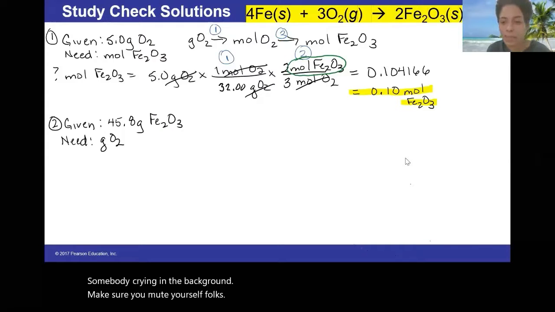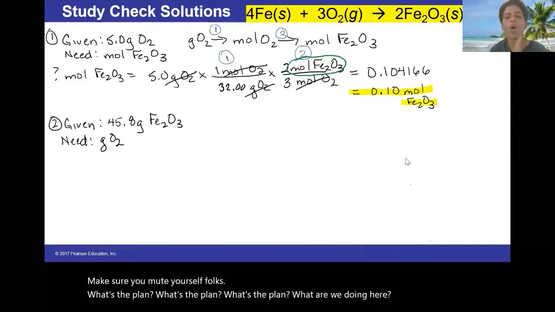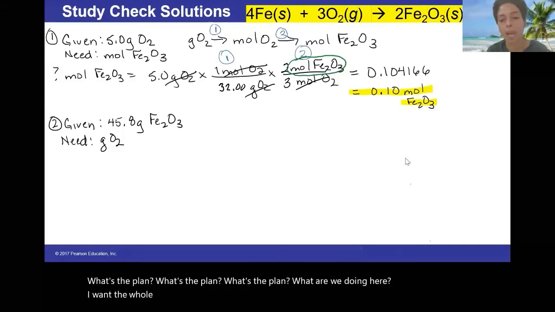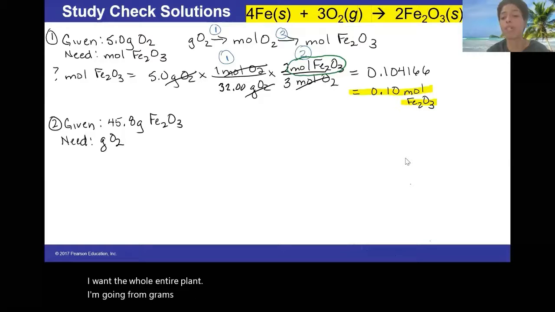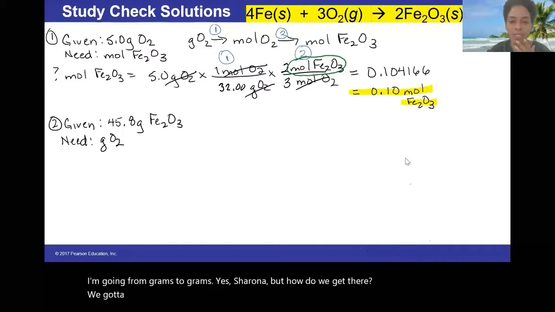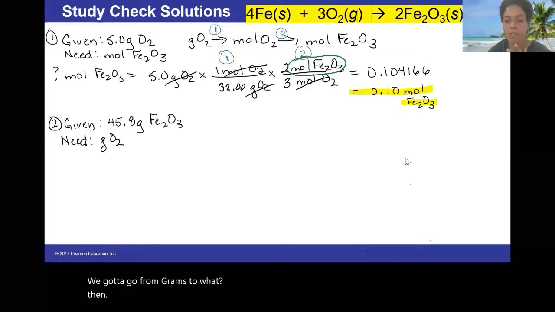What's the plan? What are we doing here? I want the whole entire plan. I'm going from grams to grams. Yes, but how do we get there? We got to go from grams to moles, then moles to moles, then to grams.